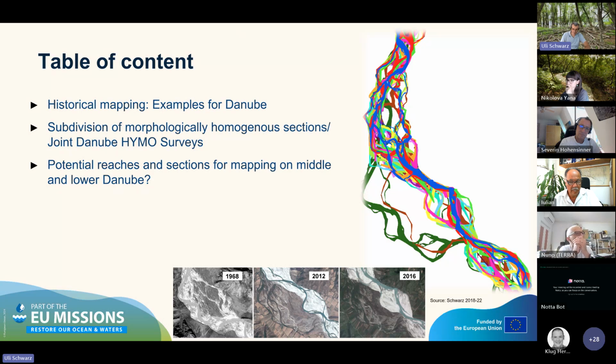However, on the start screen, I show you some pictures from the Vjosa River in Albania, because we did this very recently. Simply, I want to show, we talk about historical maps and historical situations, but of course, as segmentation, classification, and remote sensing techniques were mentioned, when we have satellite images, it is possible.